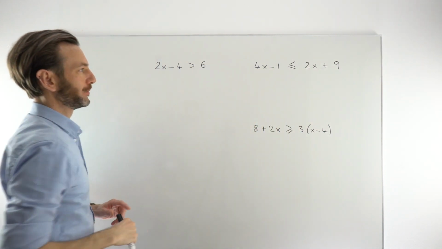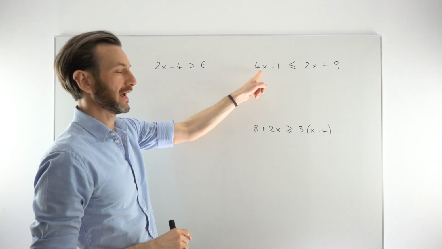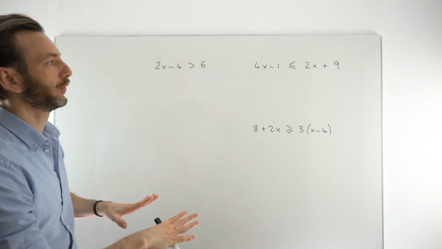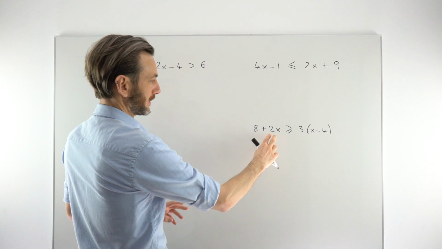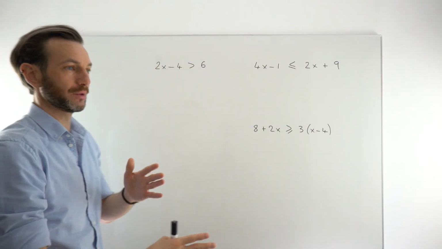We run into trouble when we've got a negative coefficient of x in these questions. I'm going to deal with that in the next class. So in this class, we're going to avoid that situation. What we're going to do to avoid it is gather the x's on the side of the inequation that keeps them positive.